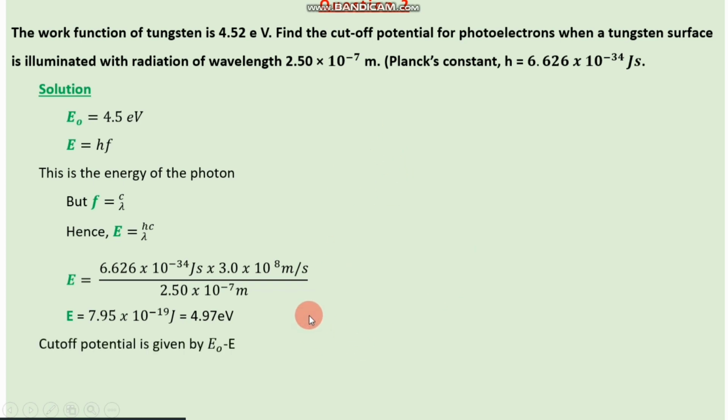The cutoff potential will be given by the energy. There is an error here: the energy should come first, minus the cutoff energy, so it should be E minus E naught. That is 4.97 electron volts minus 4.5 electron volts, and we get 0.45 electron volts. So this is the cutoff potential for photoelectrons.